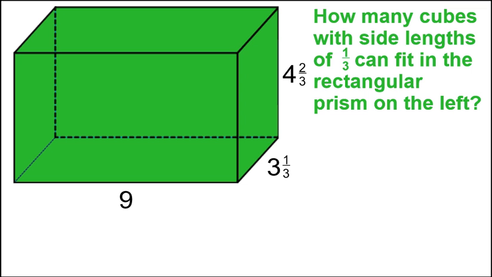Step one is always find the volume of our big rectangular prism, our big box. To find the volume, we do length times width times height.